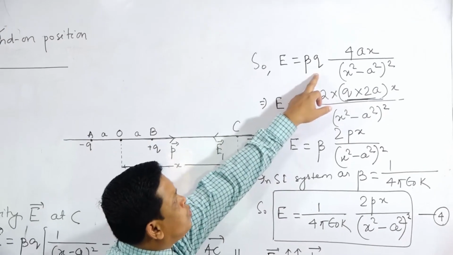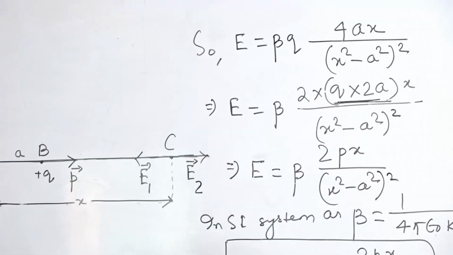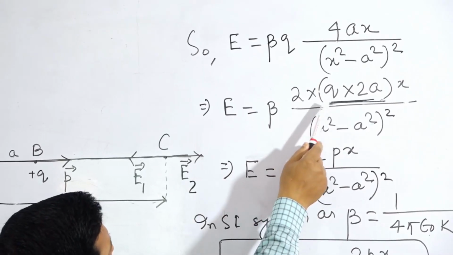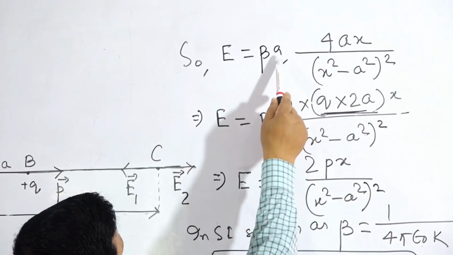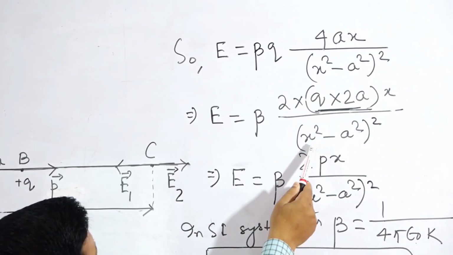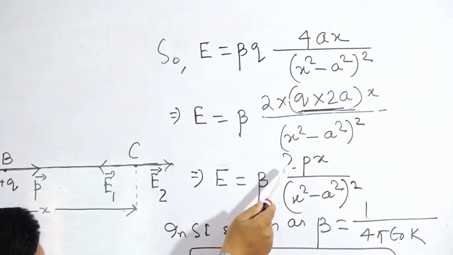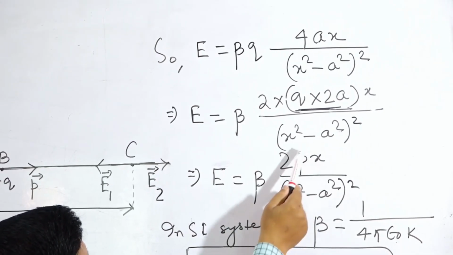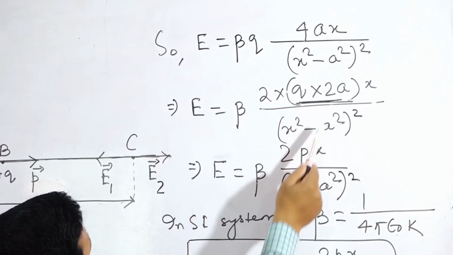So E equal to beta 2 into Q into 2A x, marking here 4AX and Q. Now E is equal to beta 2px by (x square minus A square) whole square. What is P? This is the magnitude of dipole moment. P is equal to Q into 2A. So in place of Q into 2A, I have written P.